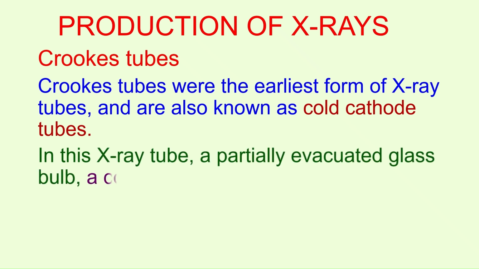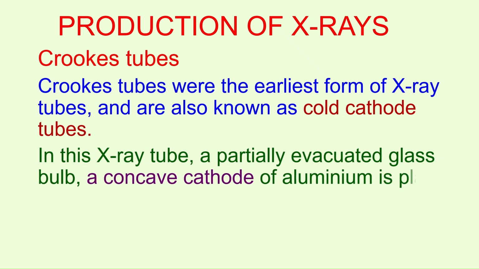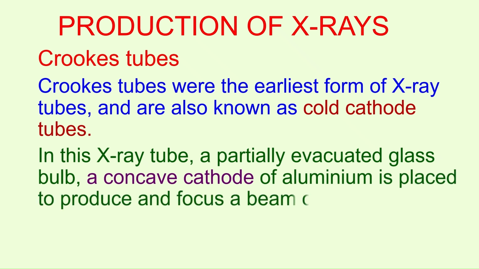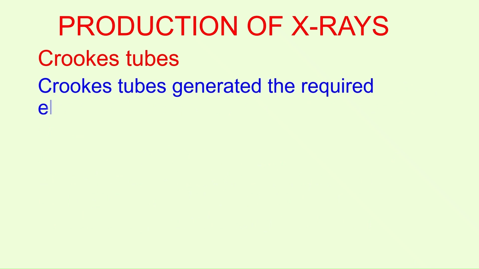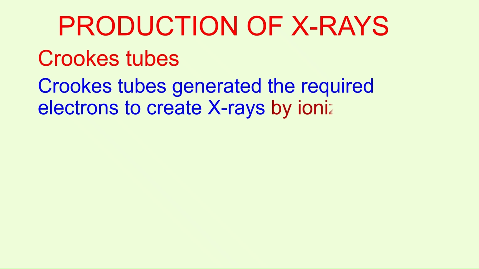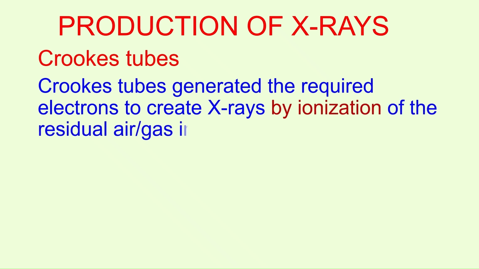In this X-ray tube, in a partially evacuated glass bulb, a concave cathode of aluminium is placed to produce and focus a beam of electron cathode rays on the tungsten target. Crookes tubes generated the required electrons to create X-rays by ionization of the residual air or gas in the tube.